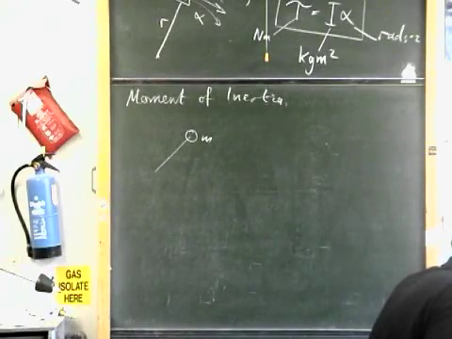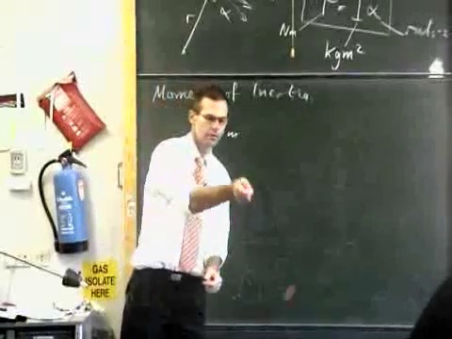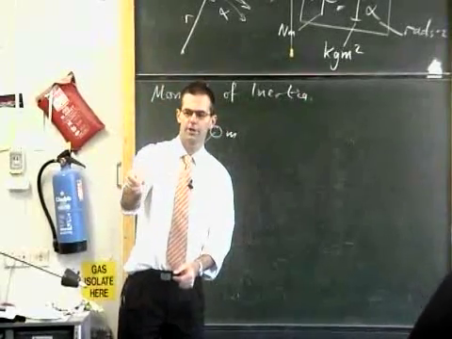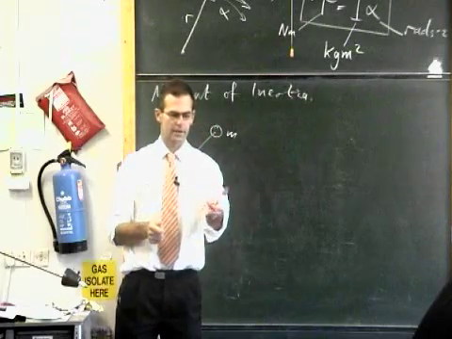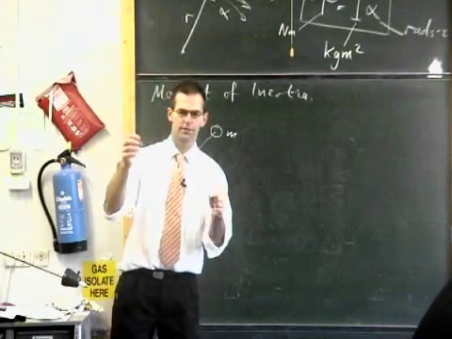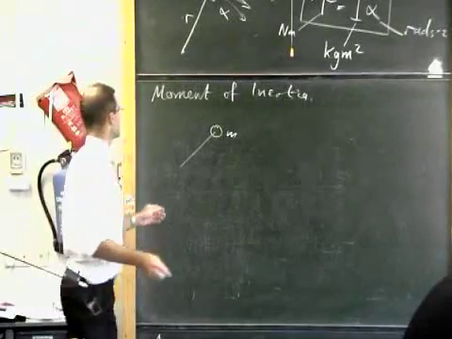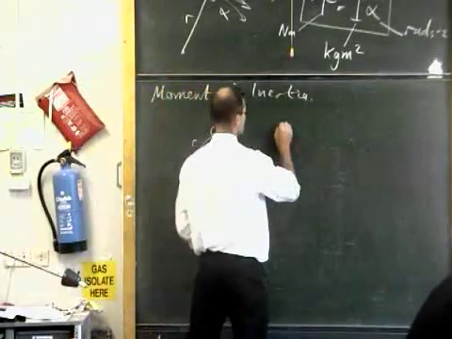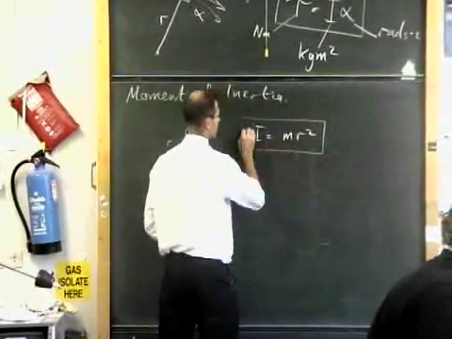For instance, if you had a bit like the thing that you were whirling around the other day, going around like that, the moment of inertia of just a single mass with very little connecting it, so we're assuming that the mass of the string is much less than the mass of the bung. In that case, the moment of inertia I is equal to m r squared. That's for a point mass.